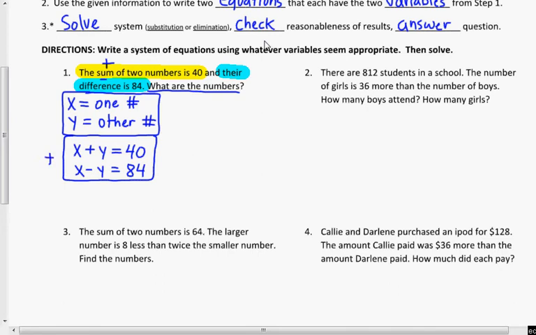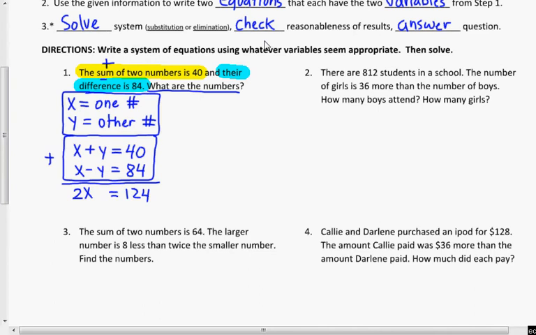Let me just ask you to try not to cross out your original equations or X things out so that I can't see your equations anymore. Okay, in this case, 1x plus 1x is 2x. The plus y and minus y cancel out. And 40 plus 84 is 124.